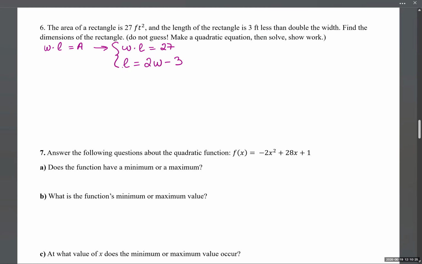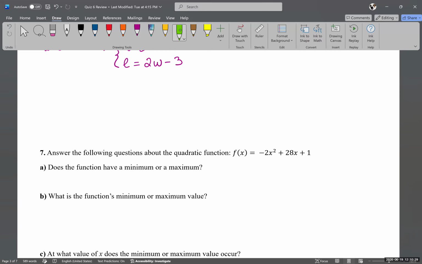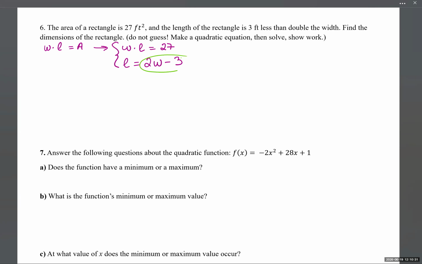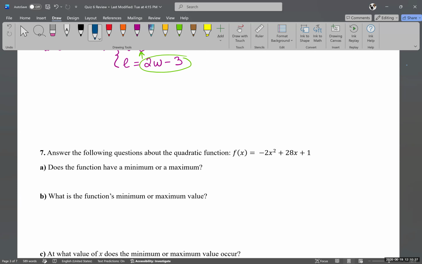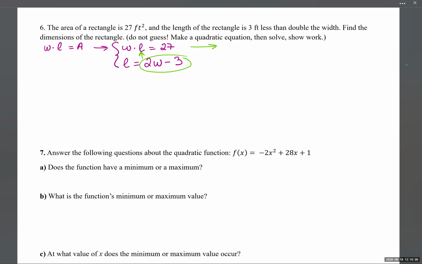This is a system of equations. It's set up to be done by a substitution technique. So you will take this expression for L and plug it into the first equation. The first equation will become W times (2W minus 3) equals 27.